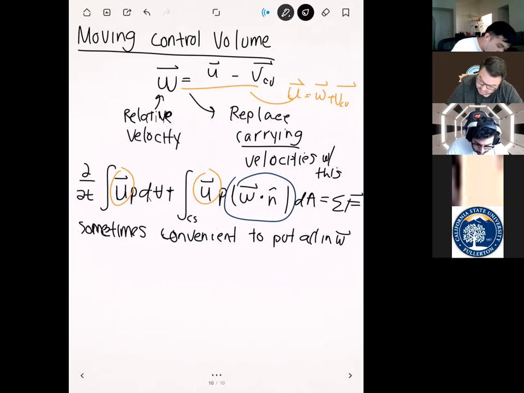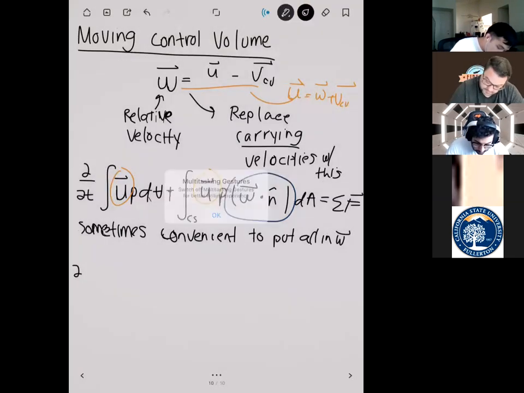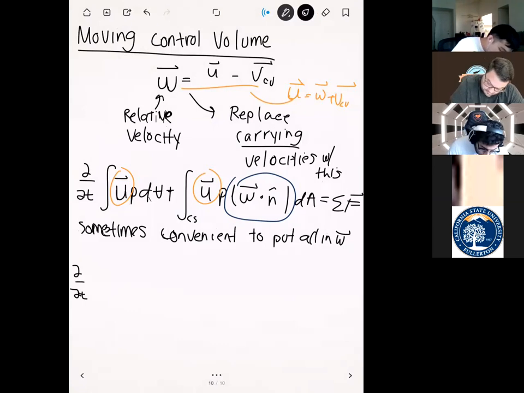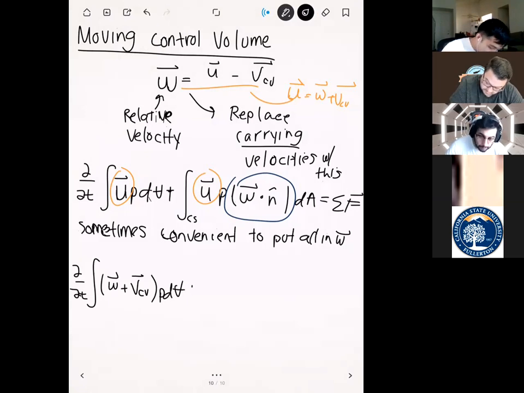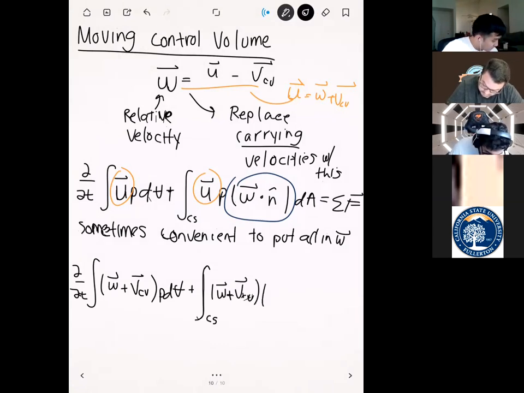And so if we write all that in, we have partial t of the integral of (W plus VCV) rho d volume, plus the integral over the control surface of (W plus VCV) rho W dot N dA. And so both of these forms are valid.